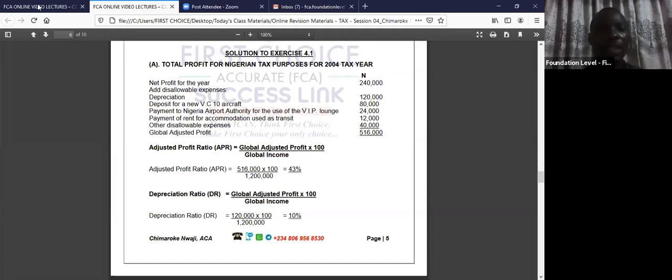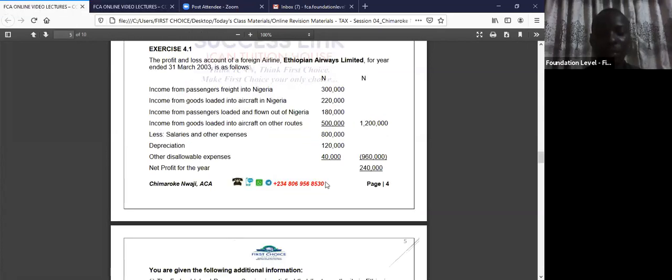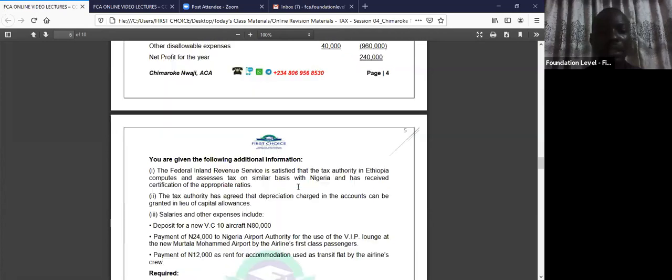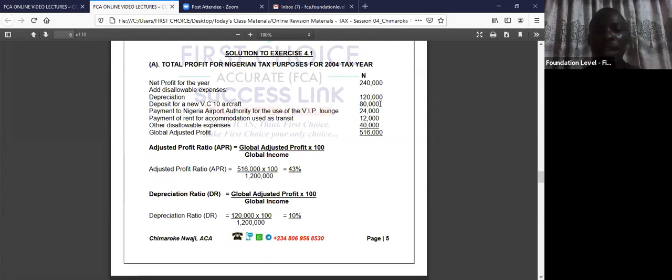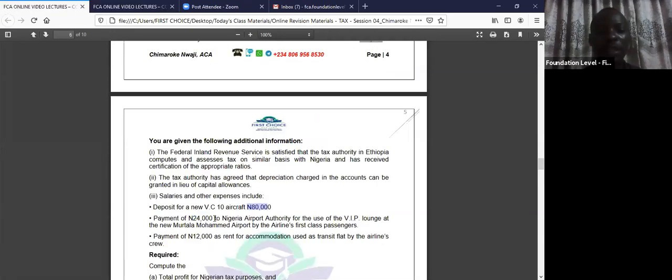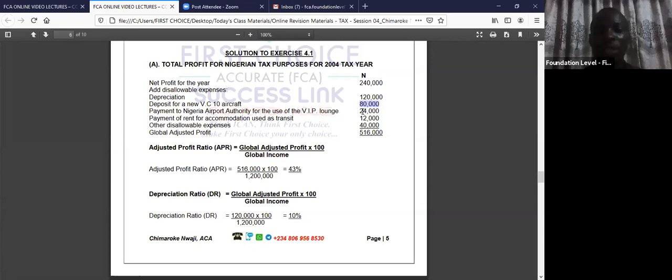Then the next thing is that salary and expenses include this. We're going to take care of it here, this 80,000. Then we are going to take care of this 24,000 and this 12,000. Now these are all the things that we are going to add back.